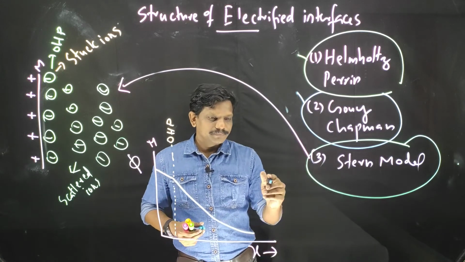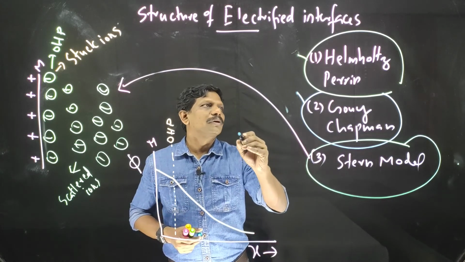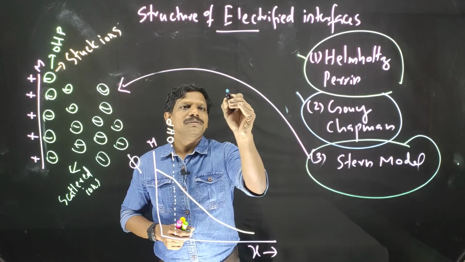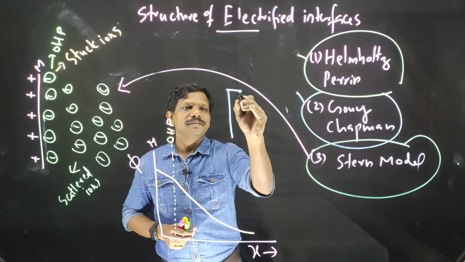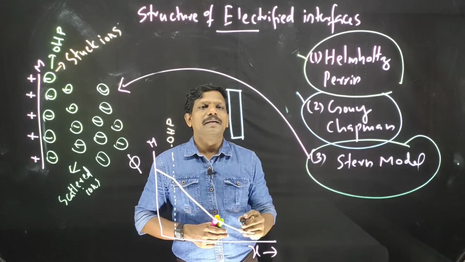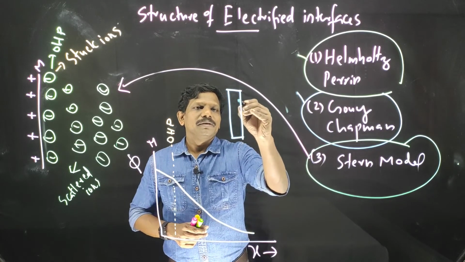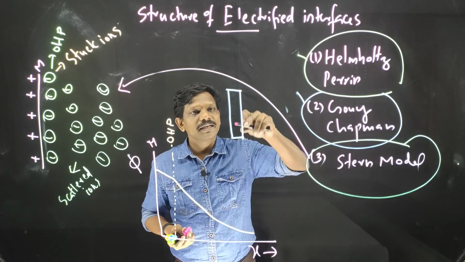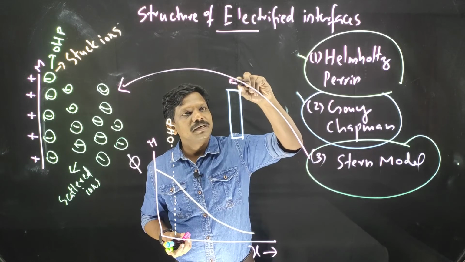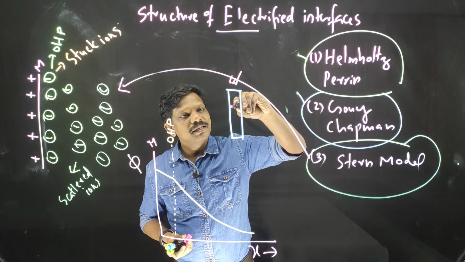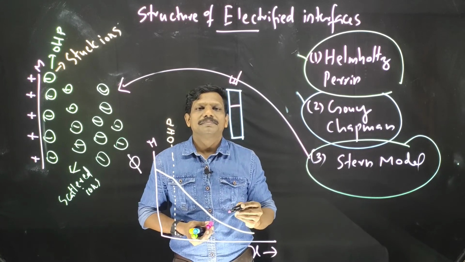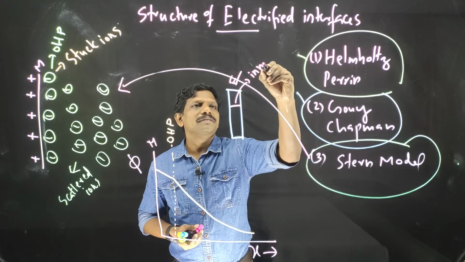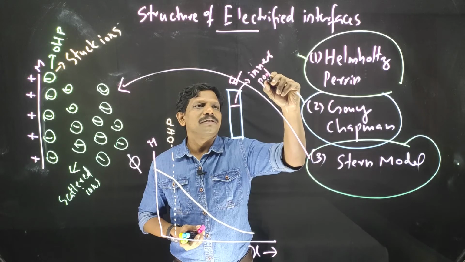Suppose you are considering an electrode solution interface like this. Suppose this is your electrode. You can see that inside the electrode there is a potential, and this potential is known as the inner potential.